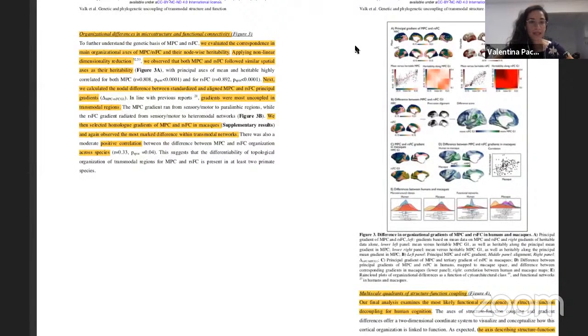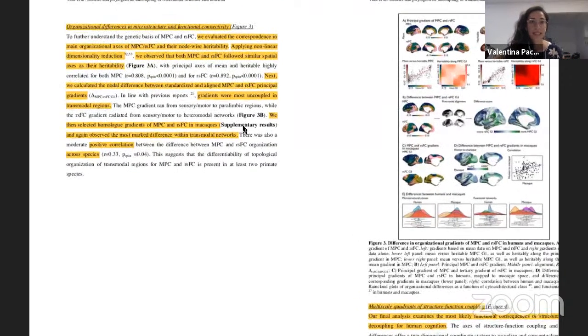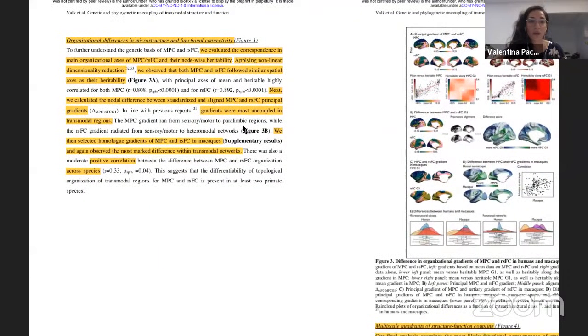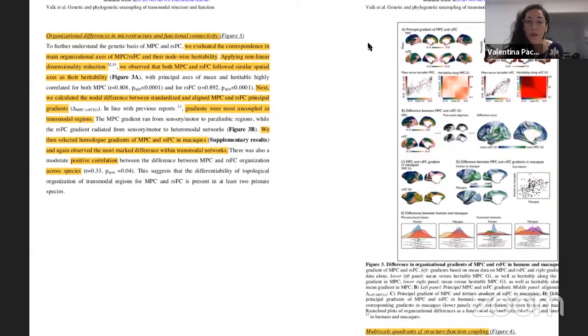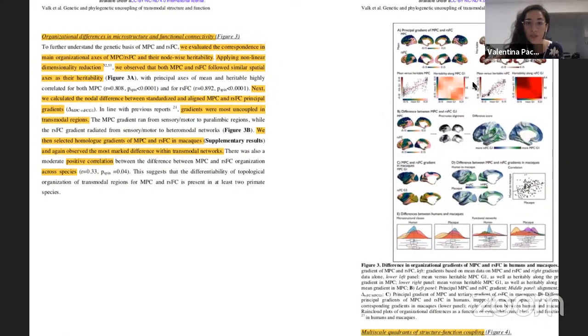Then they ran an analysis to observe the differences in microstructure and functional connectivity. And now I need you to be really patient with me because I had a hard time understanding this kind of analysis, which involves the gradients observed in structural and functional matrices.